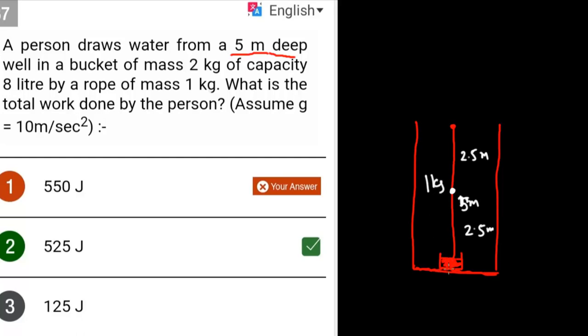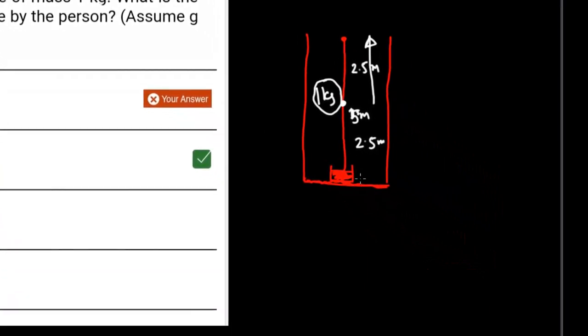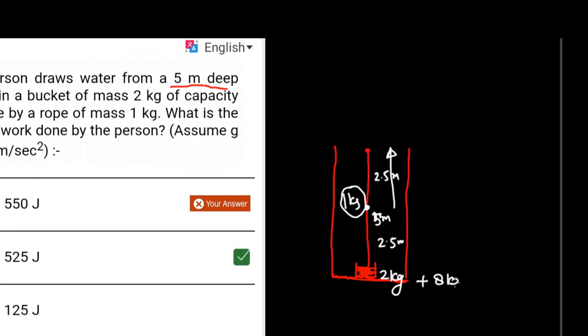So when I pull this rope up, this 1 kg mass goes up by 2.5 meter, while the 2 kg bucket plus 8 kg water goes up 5 meter.